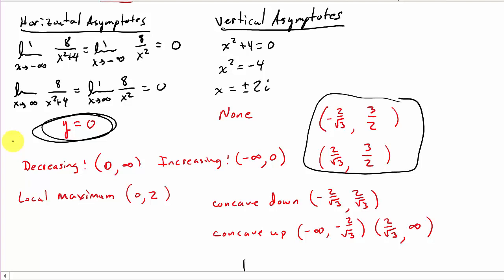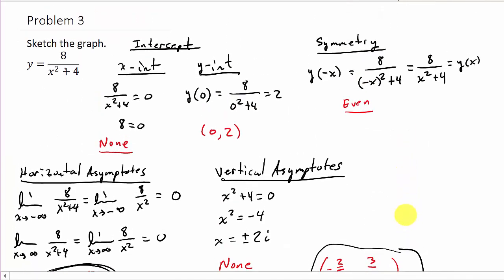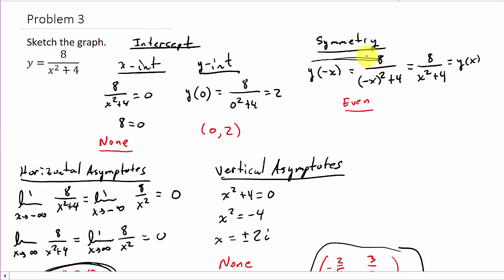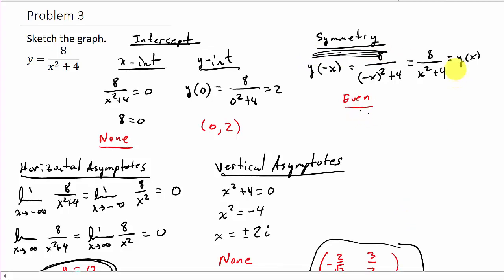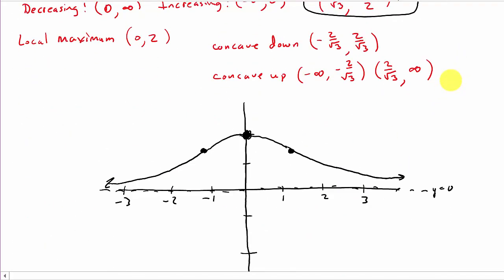All right. Now, the other thing I wanted to mention, and I could have done this on this problem, but I didn't, but let's go over it. The symmetry, we determined that this was an even function, so that means it's symmetrical about the y-axis. Okay? So the other way that I could have drawn this is just draw half of this.